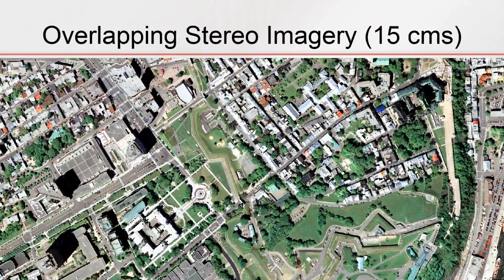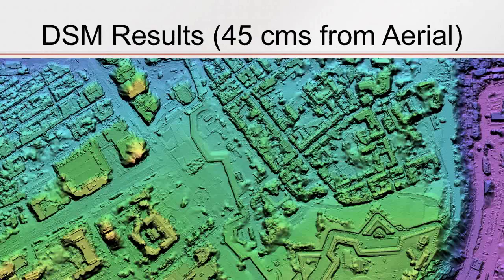This is just to give you a sense of the quality or the resolution of digital surface models that can be generated. This is a dense urban area where we have some vegetation and some commercial buildings and some residential dwellings. So this is 15-centimeter imagery. It's not zoomed in at one-to-one resolution, but it's a large portion of the data set here. And if I switch over to the next slide, which is the equivalent area, but this time what we're showing is the digital surface model, we can see the buildings.